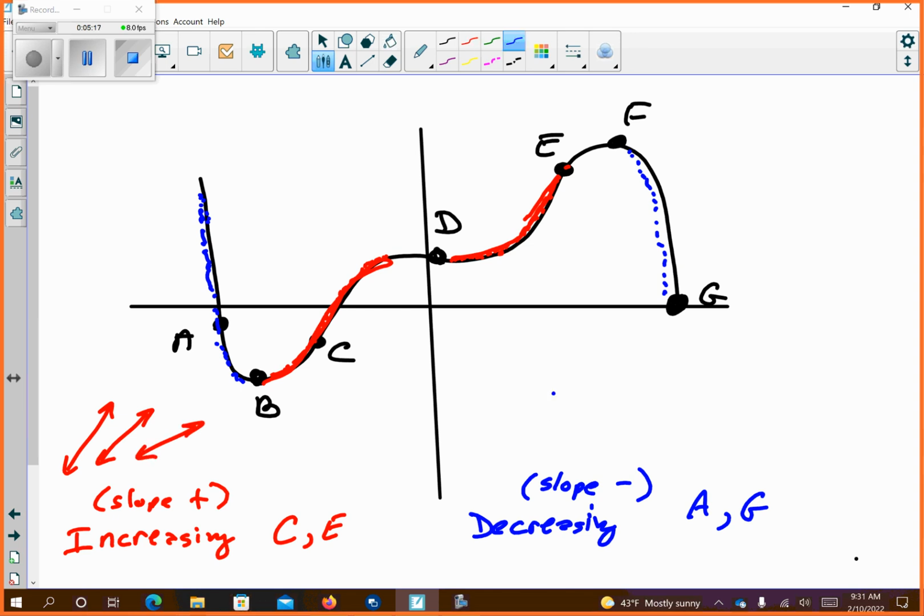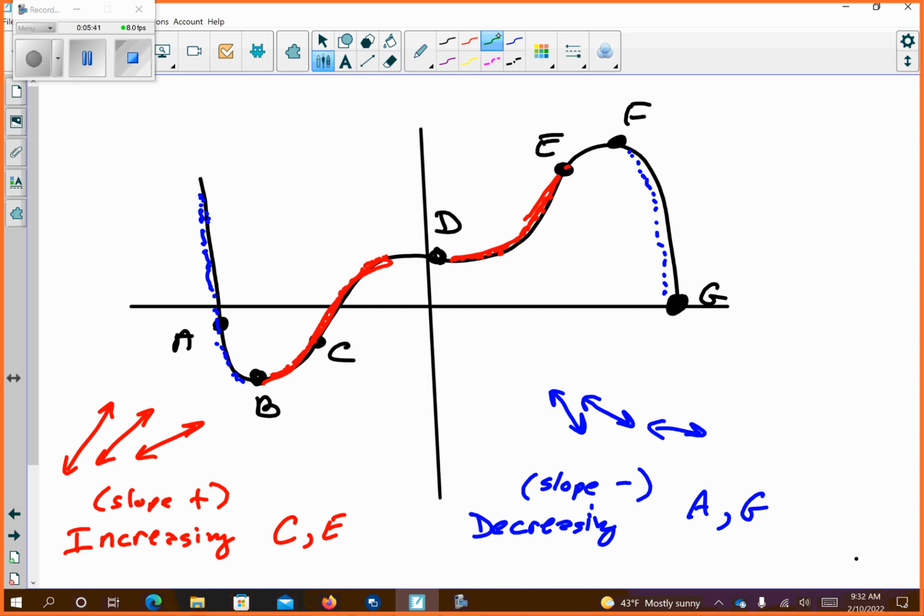These would be slopes that would look negative. They drop to the right. Increasing increases to the right. They drop to the right on decreasing. Okay, so that shouldn't be too tough to kind of think about when you're looking at your graph.